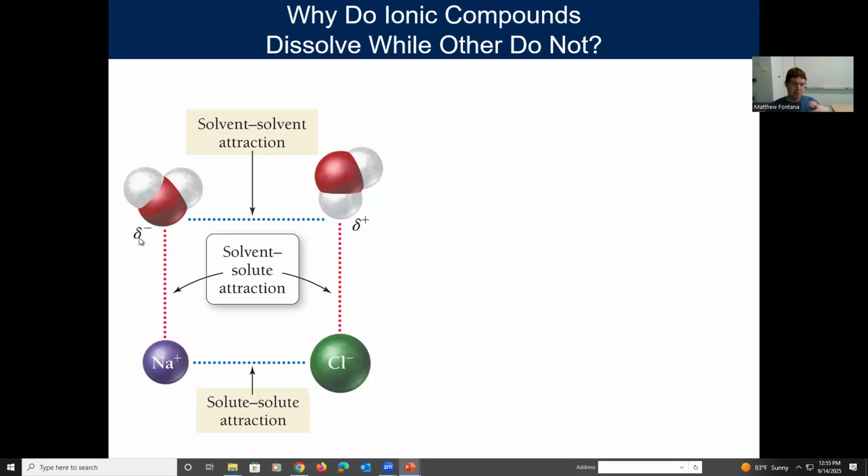So this little lowercase delta is going to represent a partial negative charge. There's going to be partial negative charge character on this oxygen, and that is going to be attracted to the full-on positive charge of the sodium cation. Conversely, because the oxygen has the partial negative on it, that's going to put a partial positive on the hydrogen. And since it's a partial positive on the hydrogen, the negative charge of the chloride anion is going to be attracted to the positive charge of the water.